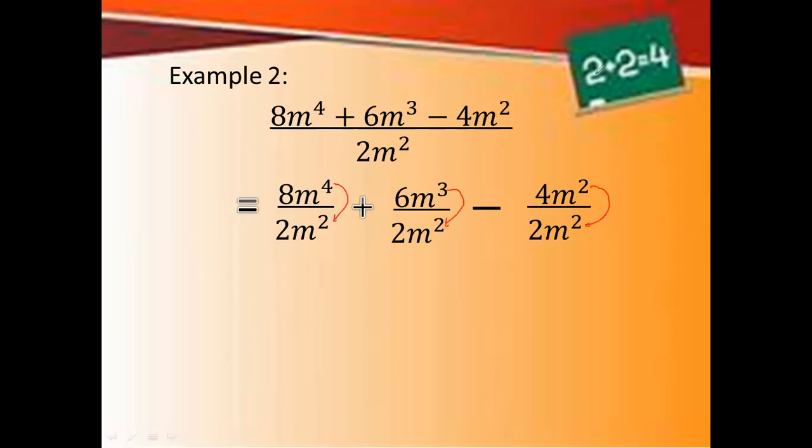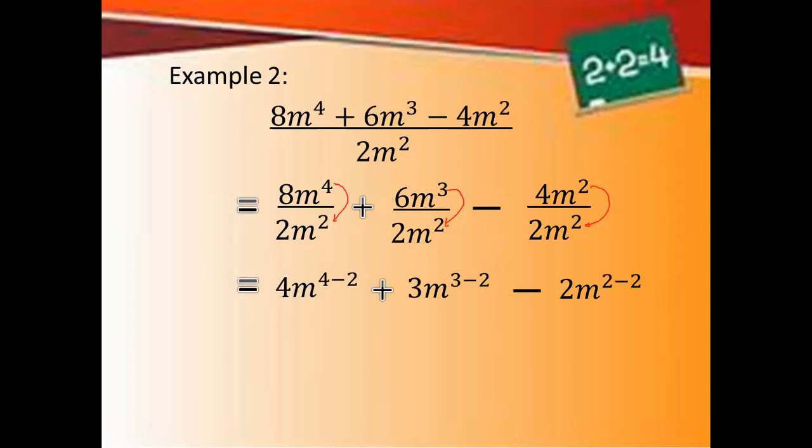All right, so that is why we have now here 8 divided by 2 is 4, m to the 4 minus 2, right? Plus 6 divided by 2 is 3, m to the power 3 minus 2, minus 4 divided by 2 is 2. You have there m to the 2 minus 2.